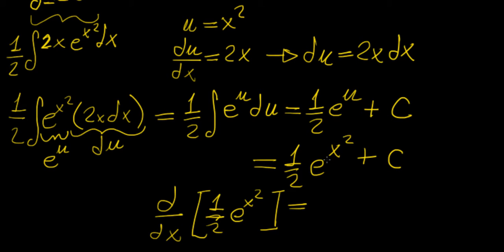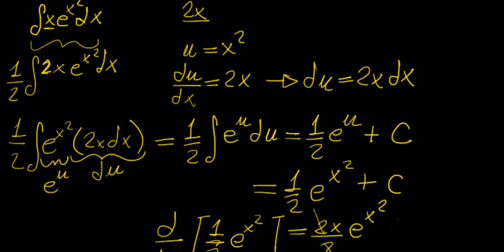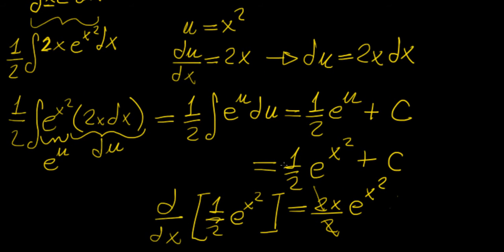So this is going to be 2x times e to the power of x squared, and the c becomes 0. Now those two cancel out, and then we have the original expression that we were integrating in the first place. So yes, this is in fact the integral of that function.